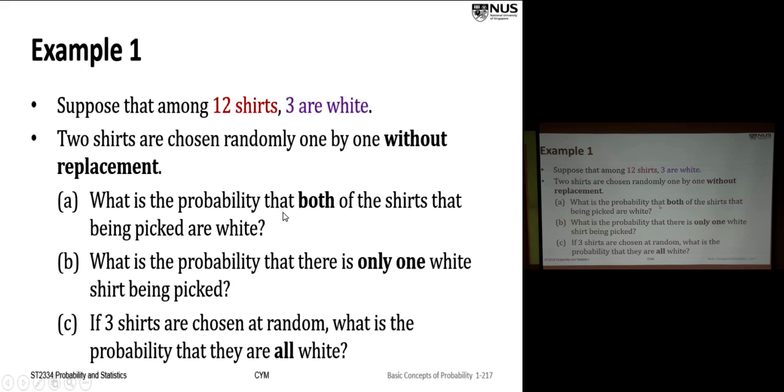So in other words, we can either use the conditional probability, the multiplication rule, or use the counting method. Count how many ways you can choose 2 shirts that are both white, and then divide by the number of ways you can choose any 2 shirts out of these 12 shirts.